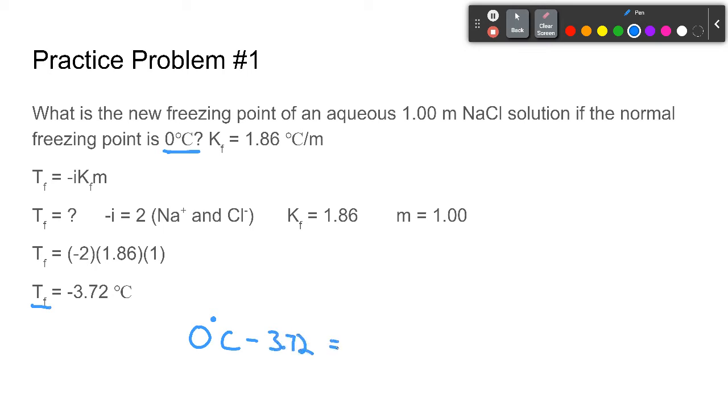So our new freezing point is going to be negative 3.72 degrees Celsius. And that's solving for the actual freezing point. If I ask you what the freezing point depression is, you're just going to stop at this spot right here.